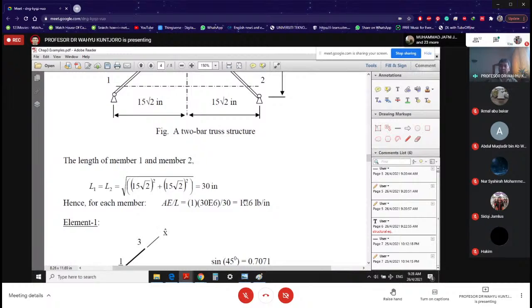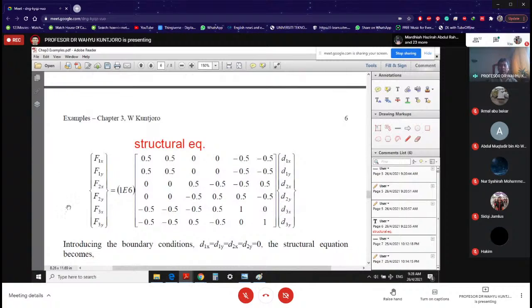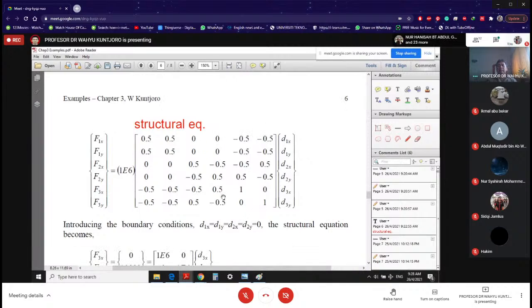You need this information. Why? Because this is your equation, but you need to introduce the boundary condition. And the boundary condition in this case is the displacement at supports. They are 0. D1x, D1y, D2x, D2y are 0. So I can do the section.